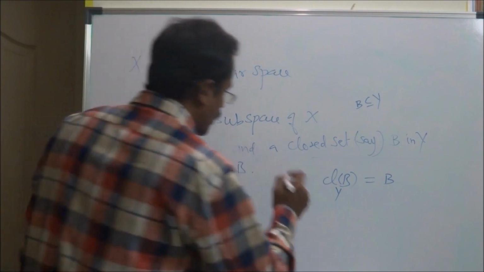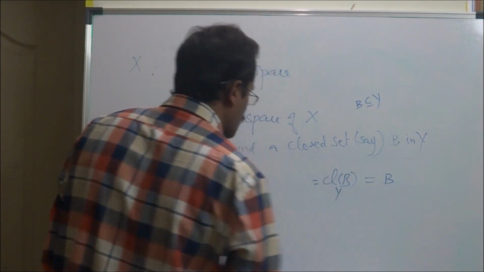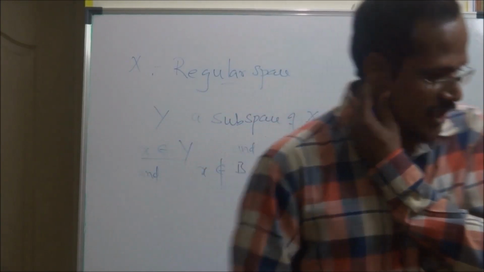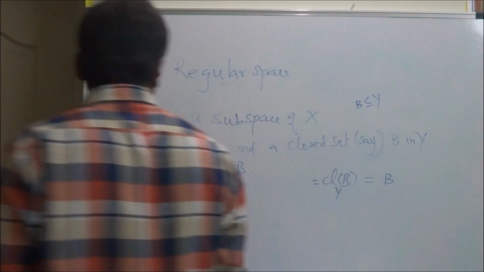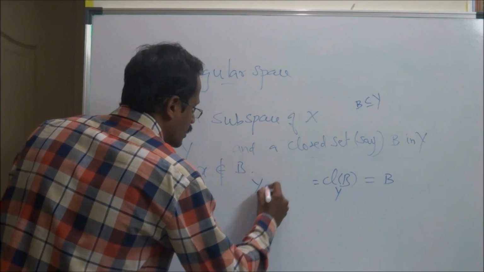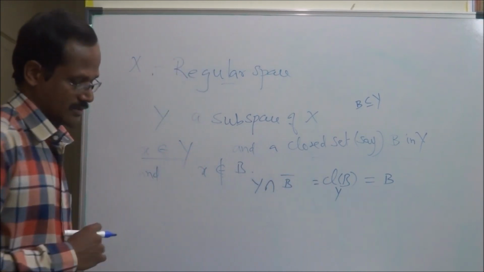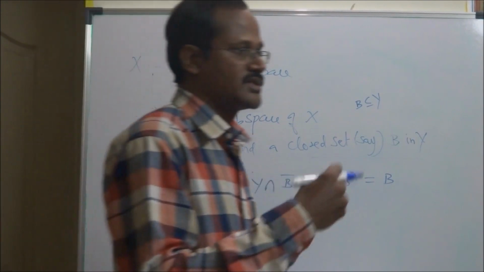But according to a previous result, we have proved that the closure of a subset in a subspace can be written as Y intersection the closure of the same set in relation to the whole space, where the subspace topology is inherited.